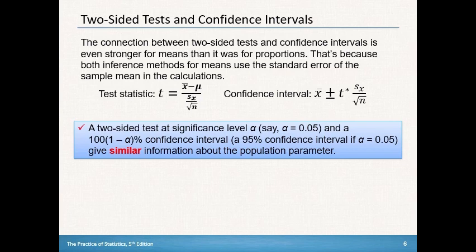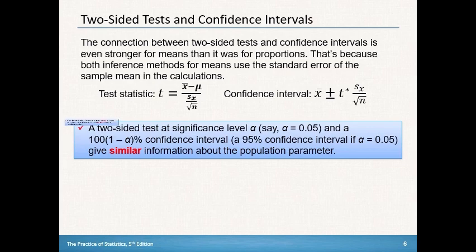If we use an alpha level of, say, 0.05, and we do a two-sided significance test like we did in that pineapple example, we rejected the null hypothesis, and also with a 95% confidence interval, we found that the hypothesized value 31 was not in our confidence interval.